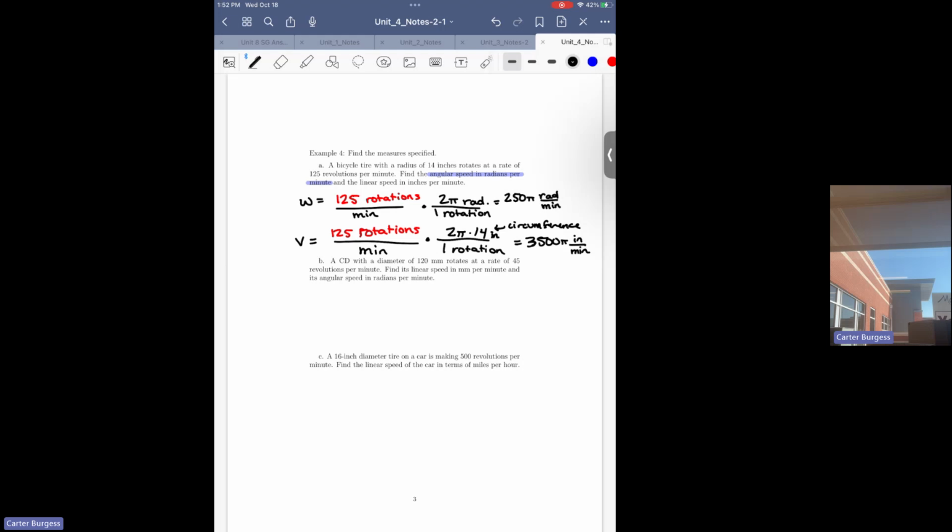Is this the radius that we're getting? That looks great. Super good. Perfect.